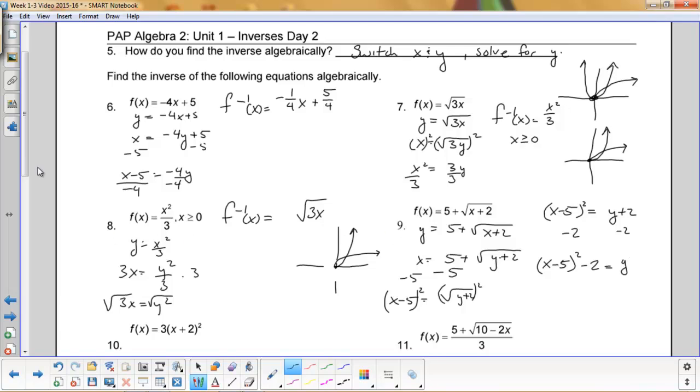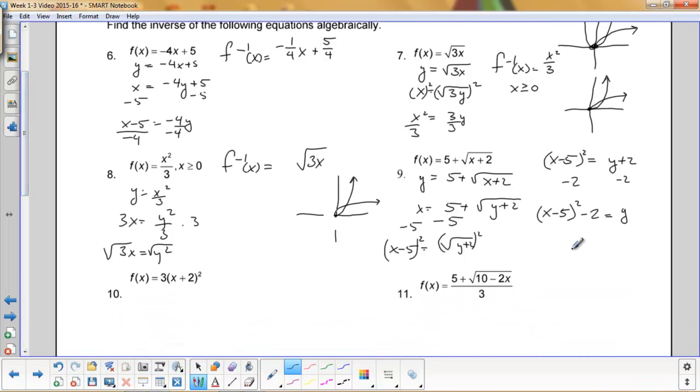The original function is a square root function. Due to the transformations, it moves left 2 and up 5. The inverse of the function is a parabola. The parabola, due to the transformations, moves right 5 and down 2.